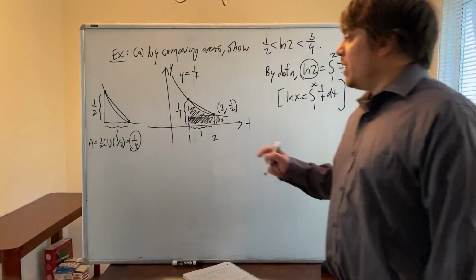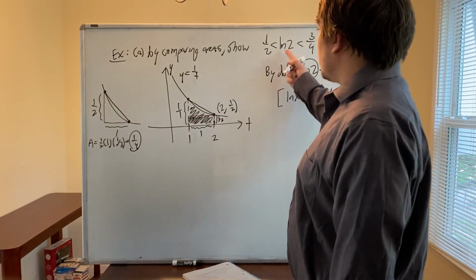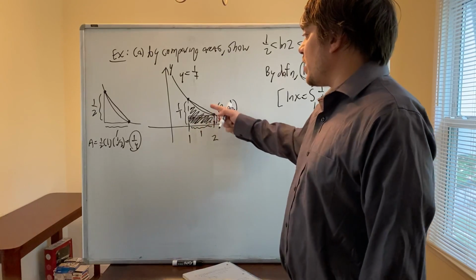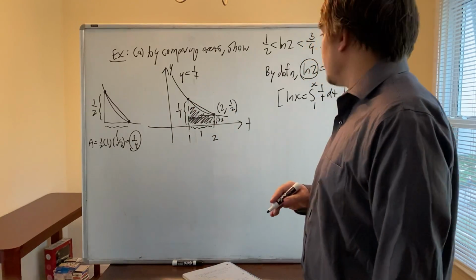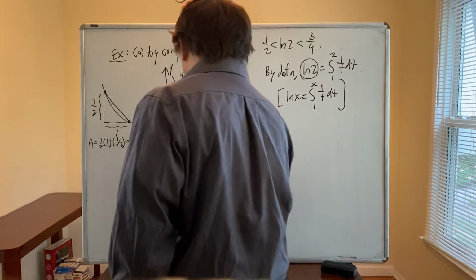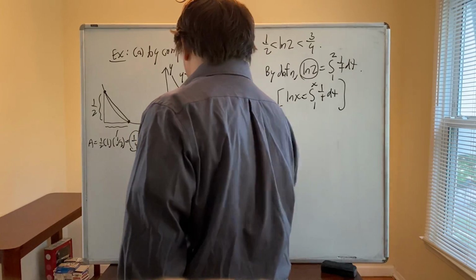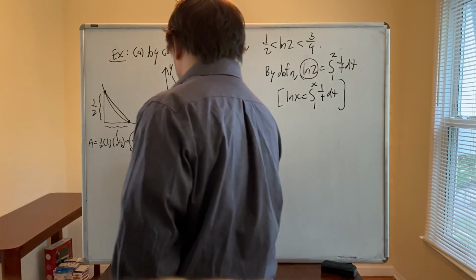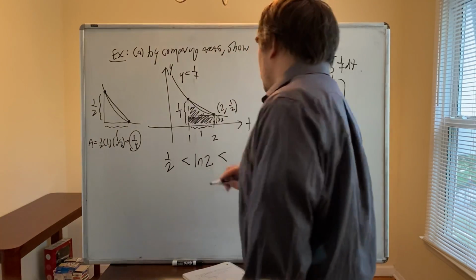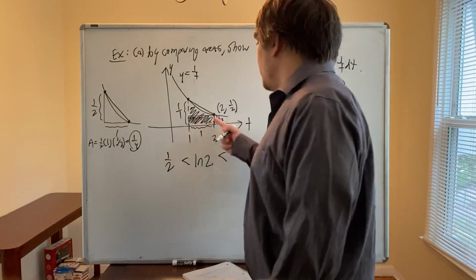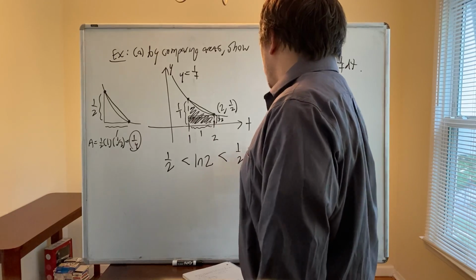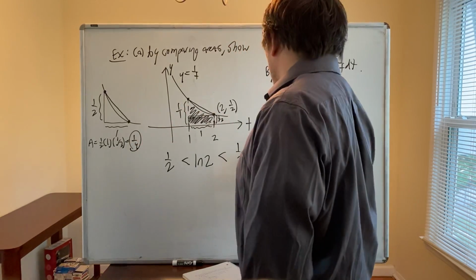Okay? So that means that the area under this curve, or ln 2, is less than the area of the rectangle plus the area of the triangle. Okay? So let me write it here. ln 2 is greater, we already showed it's greater than the area of that rectangle, which is 1/2. It's also less than the area of the rectangle, which is 1/2, plus the area of the triangle, which is 1/4.